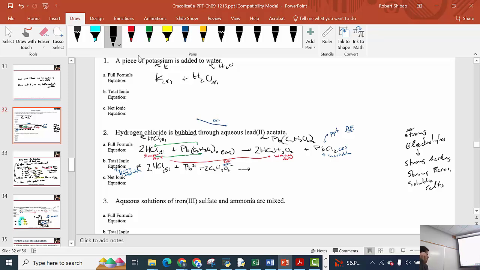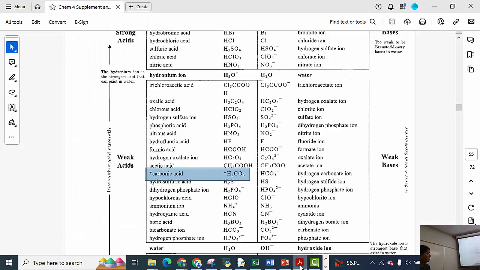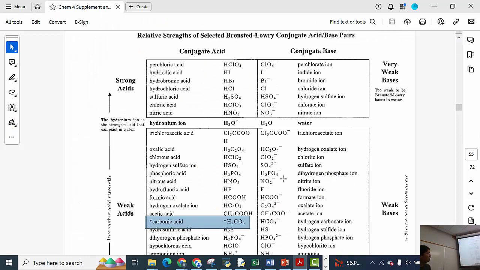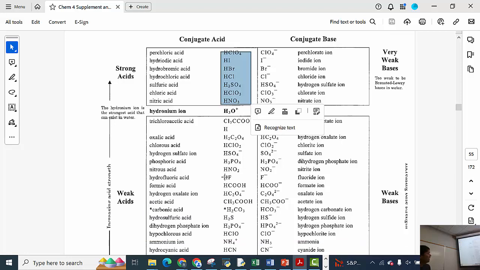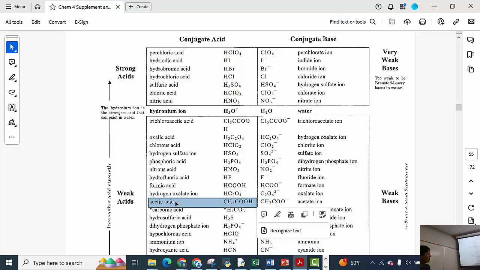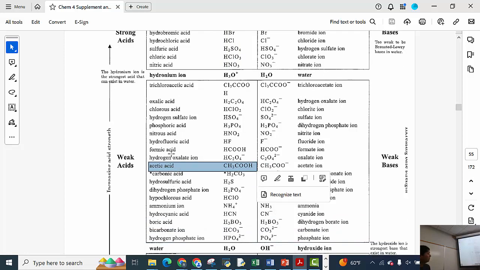And so if you're not sure, what we could do is take a look at the acid-base chart. And then we look, is acetic acid one of the 7 strong acids? No. However, it is a weak acid here. So we see acetic acid as a weak acid, kind of in the middle.